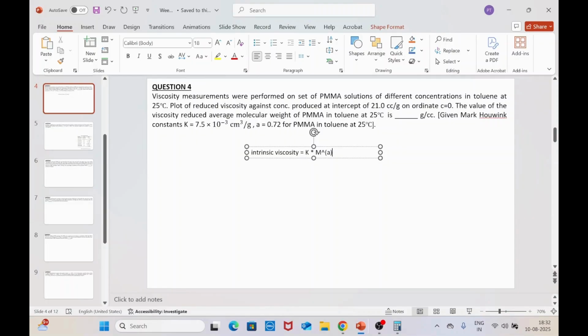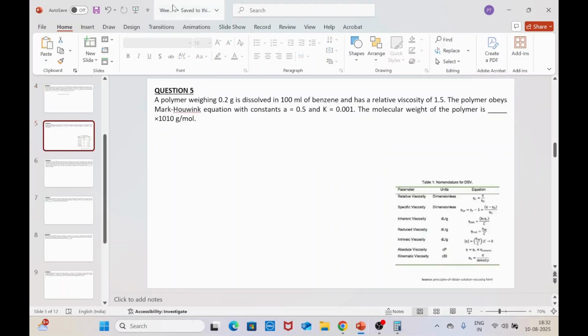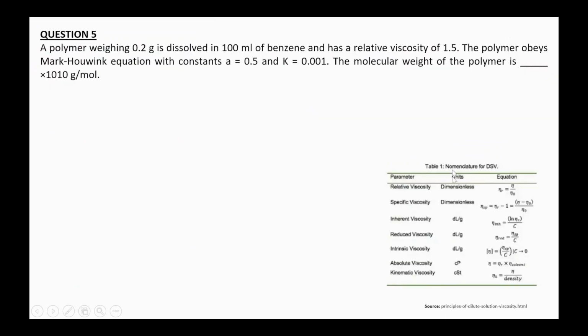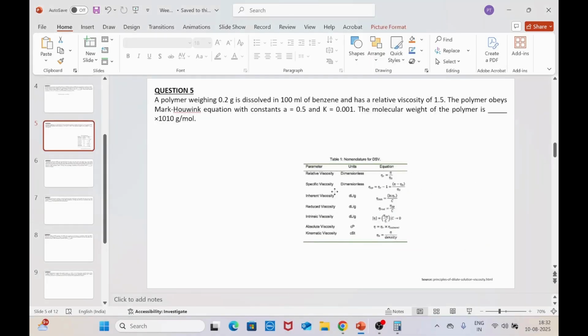So based on this data you are supposed to calculate. Let me put this in, so can you see this table of different types of viscosity, or should I make it a bit bigger?